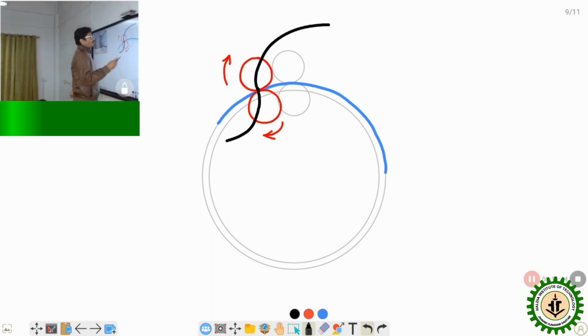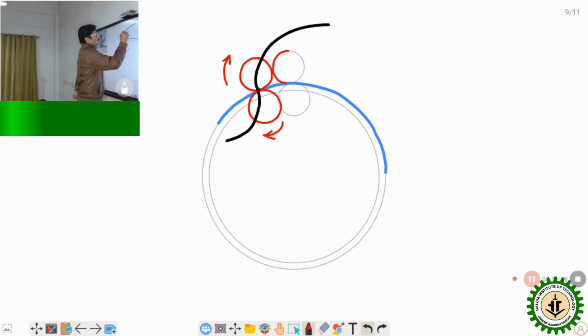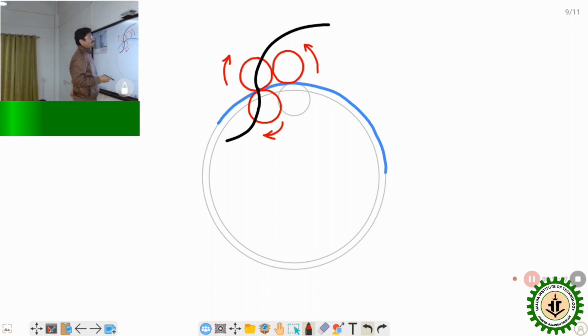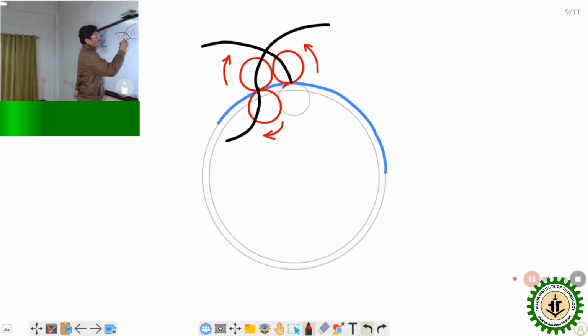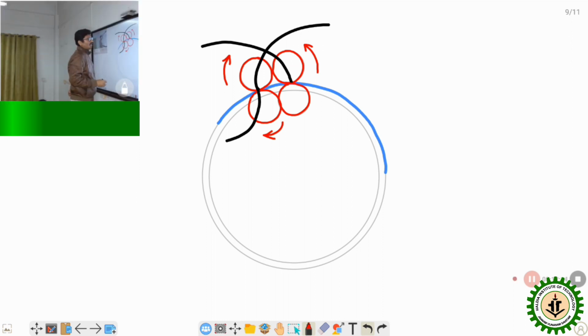In the same way, on that side, we have placed another smaller circle, and if I rotate it over the circumference of the larger circle, it will generate an epicycloid. And if I put the circle inside this pitch circle and rotate the smaller circle in that direction, it will generate a hypocycloid like that.